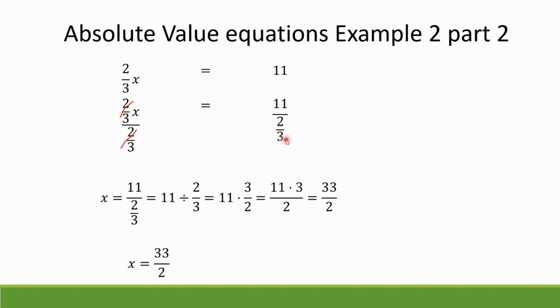This is the same as 11 divided by the fraction 2/3. When you divide by a fraction, remember, you multiply by its reciprocal. In other words, this becomes multiplication. This fraction, you invert. You turn it upside down, so to say.